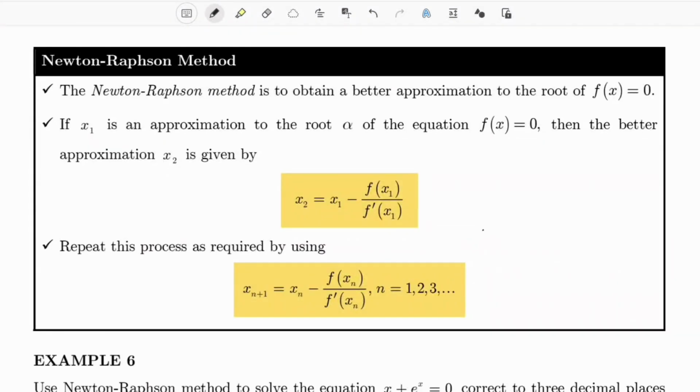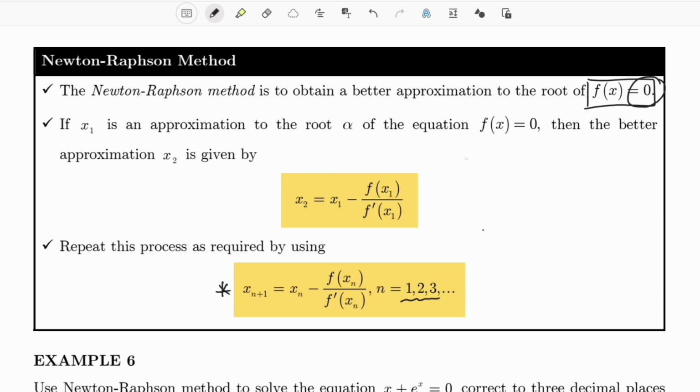Newton-Raphson method. First of all, you need to make sure your f(x) is equal to 0, so the right side must be equal to 0. The formula for Newton-Raphson is x(n+1) equal to xn minus f(xn) over f'(xn), where n starts with 1, 2, and 3.